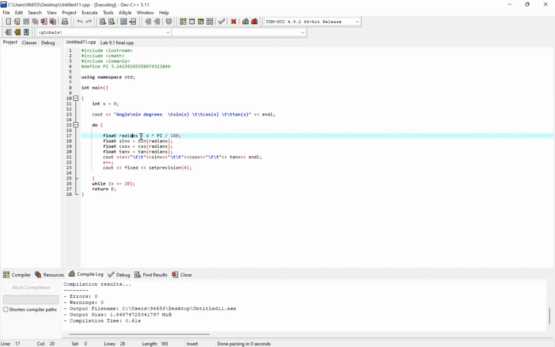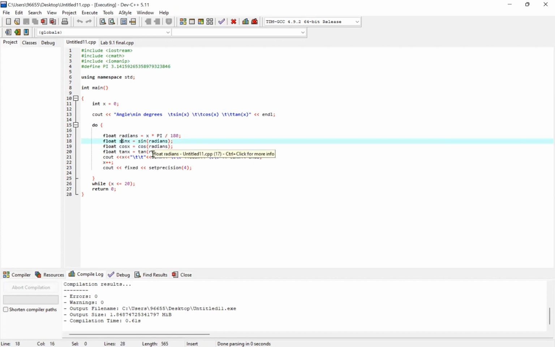This will serve as the angle. The formula for it is x times pi over 180, where x is the degrees, which is 0 to 20, times pi, which we have defined here, and over 180.